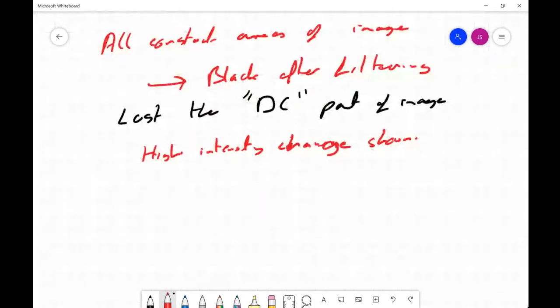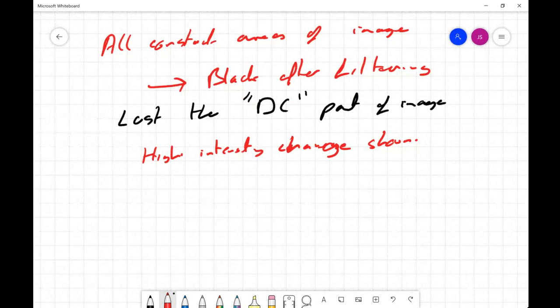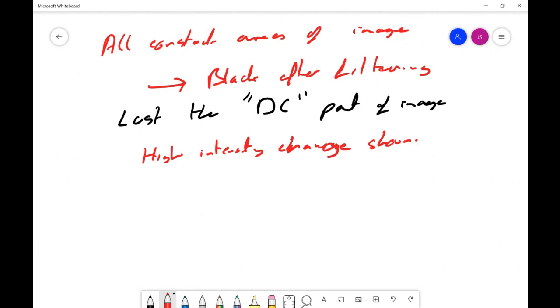So in the notes on Blackboard, there are some pictures of high-pass filtering, and you will see that they look like an edged image, which is quite useful if you're looking for edges. But if you want to use the images for human consumption and you want to return the background, there is a compromise we can use.